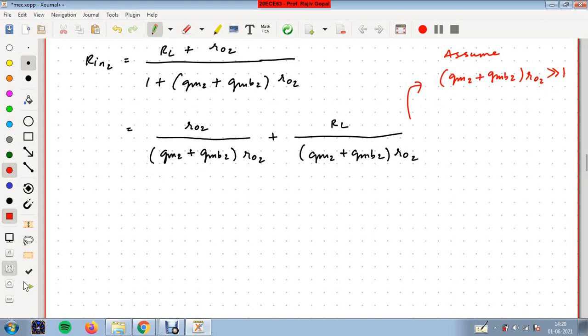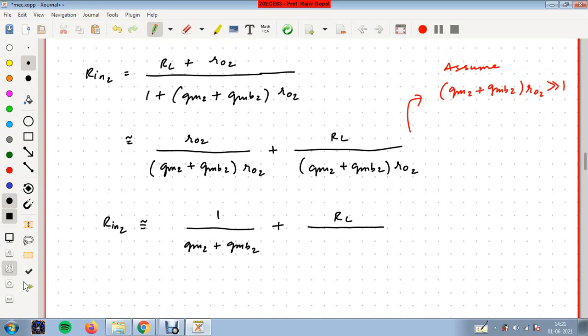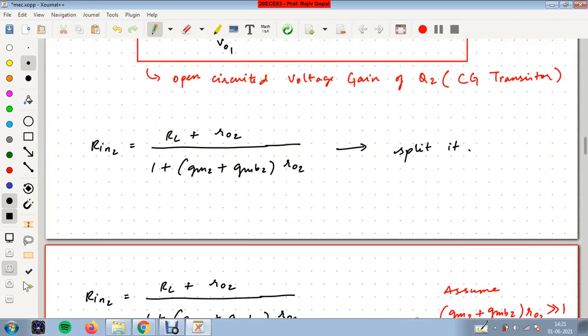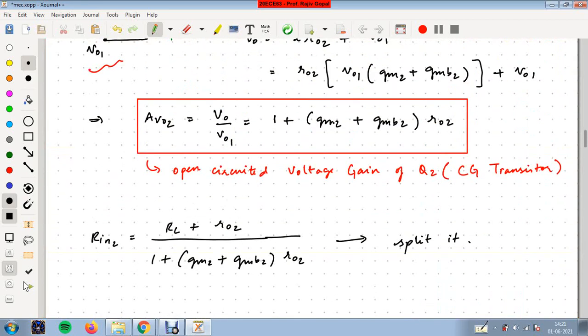So this equation will turn out as Rin2 equals 1 by Gm2 plus Gmb2, plus RL divided by, we derived AV naught 2 as 1 plus Gm2 plus Gmb2 into R naught.